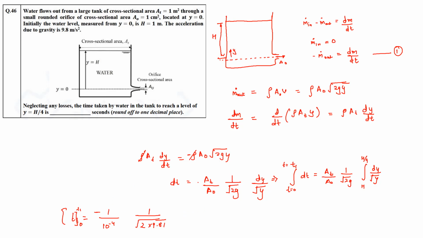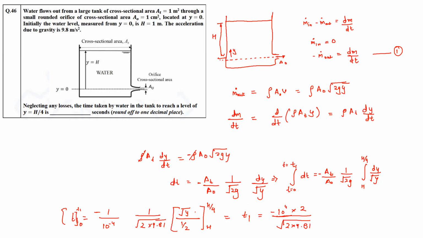If you integrate 1 over root y, you will get root y at the top and 1 by 2 at the bottom, and you put on the limits now from h until h by 4. Let's try to see this now. So this will be t1, and this is minus 10 to the 4 divided by root 2 into 9.81, and there is a 2 at the top.